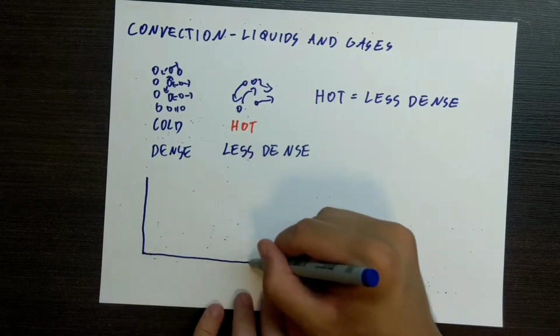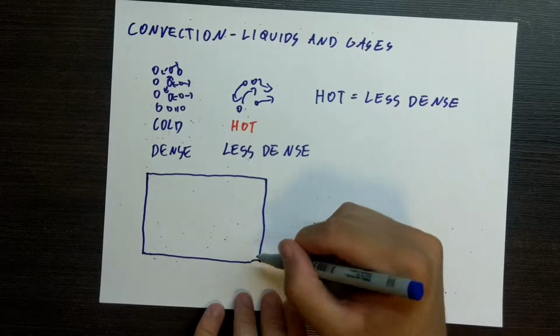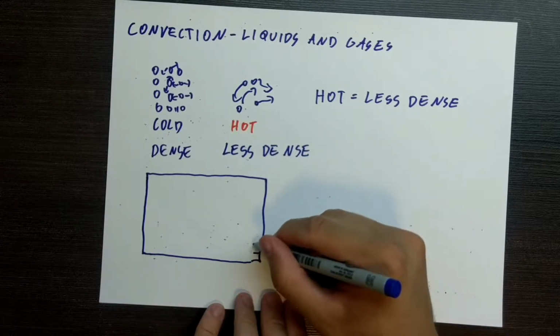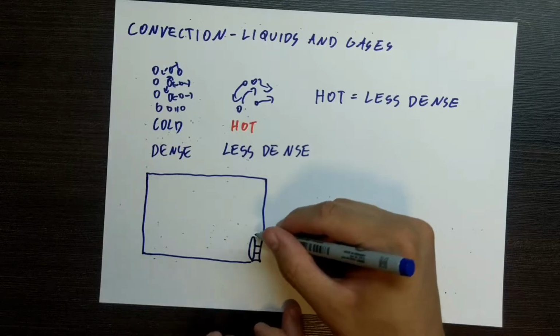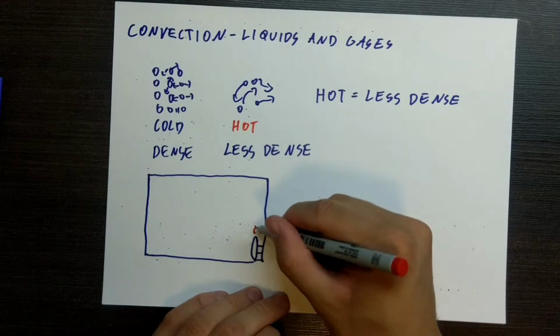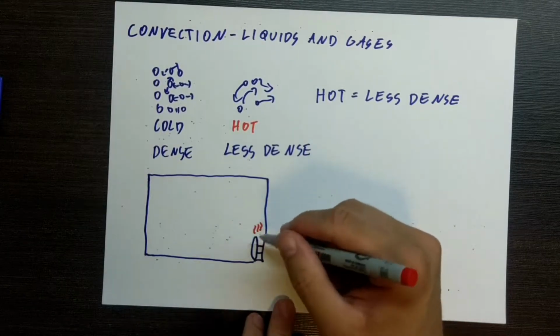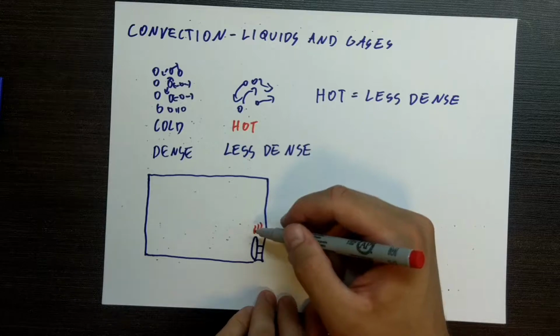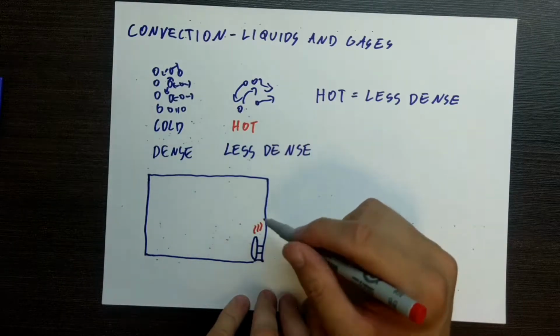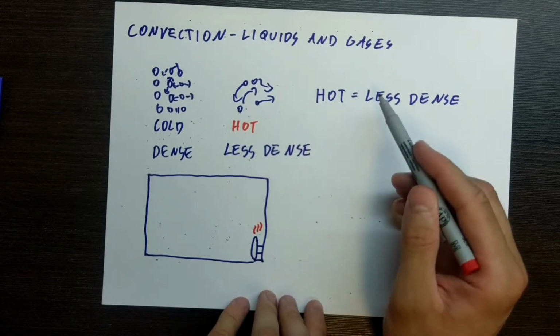We have a room that looks somewhat like this. And here we have a radiator. Now this radiator is heating up the surrounding air. So what happens when air heats up? Well, when air heats up, it becomes less dense.